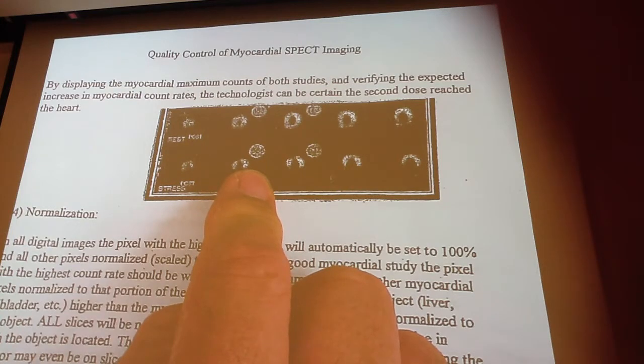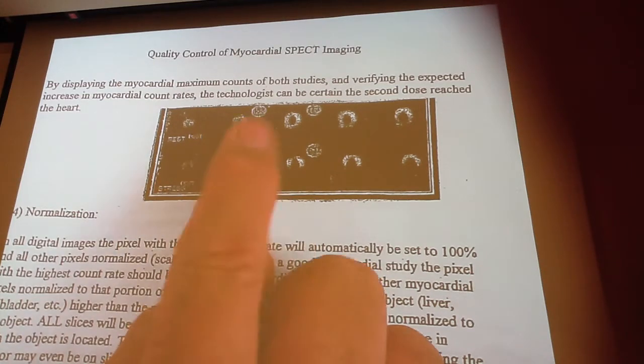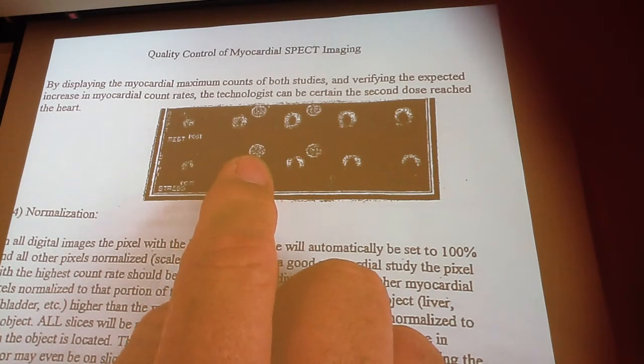But even if they do have really bad perfusion, they should still have at least that ratio of counts. Does that make sense? Yes. Okay, if it doesn't, then you better check the arm and make sure your dose didn't infiltrate. Okay.